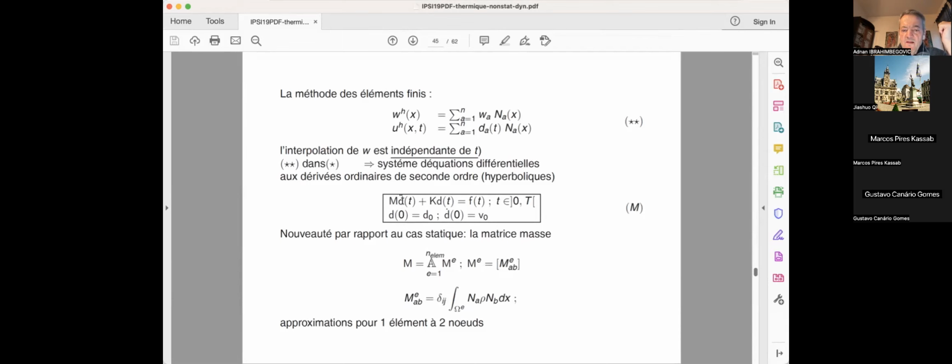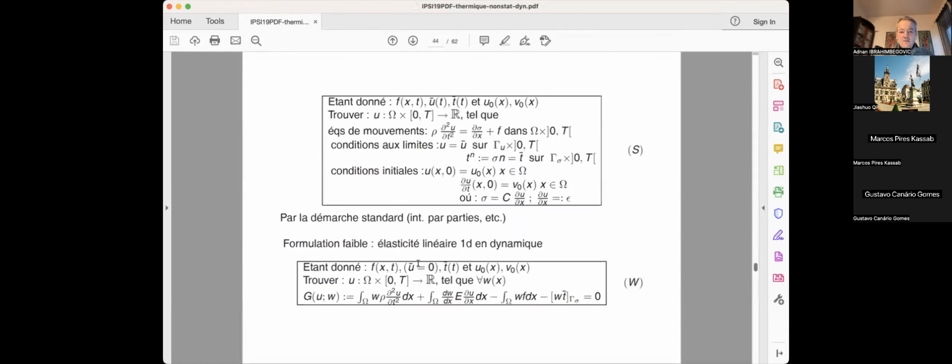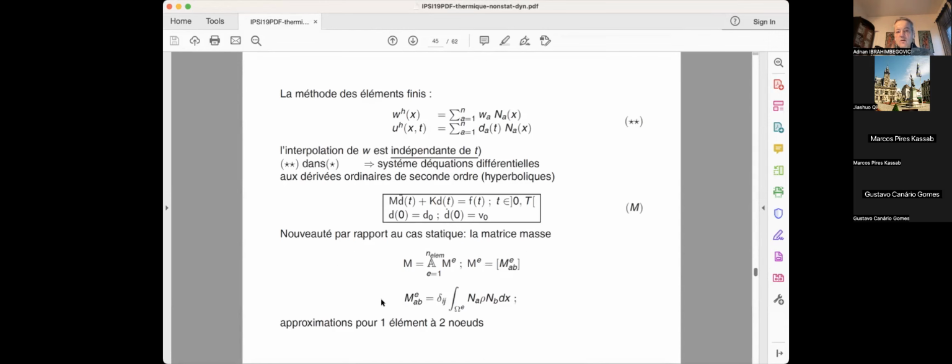So to complete this set of equation, the only new matrix that I have to understand how to build is this matrix M. This is so-called mass matrix. It comes from this term here, where obviously you need the shape functions and you need the density, and you have to integrate over the whole body.